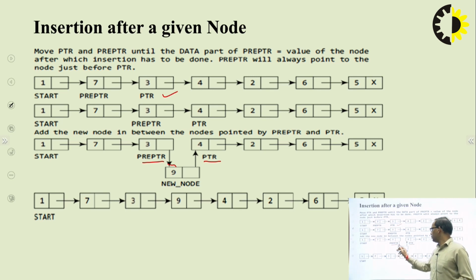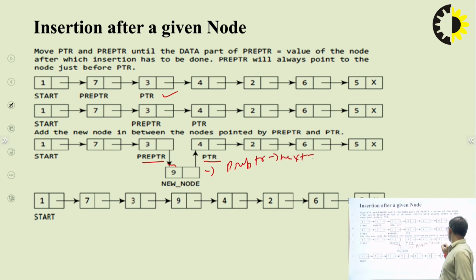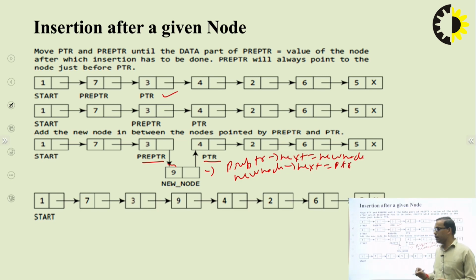Then pre-ptr next is equal to new node and new node next is equal to ptr. So after this syntax, the newly created node will be added after node 3.